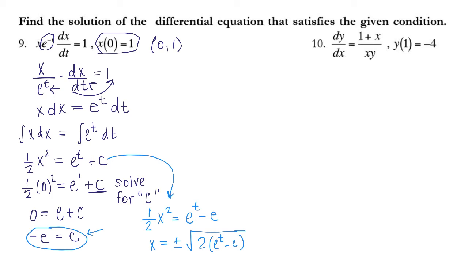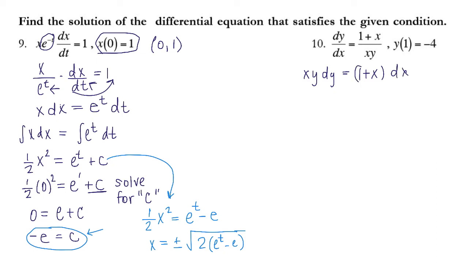Again, same process. We do need to go through and separate our variables. That's always important to get that point. So let's see what we can do here. Let's see, we can crisscross here. So I'm going to have xy dy equals 1 plus x dx.